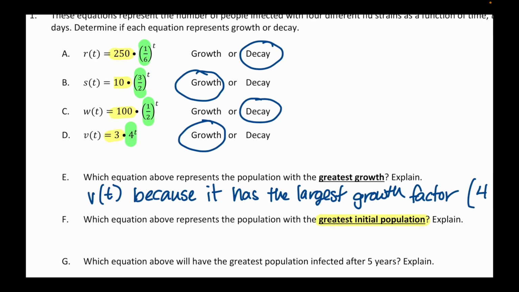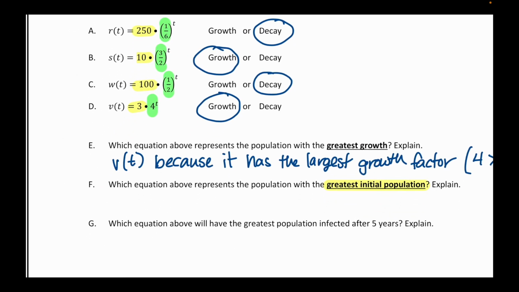So our answer is going to be that first one. We are going to say R of t, because 250 is the largest initial value.